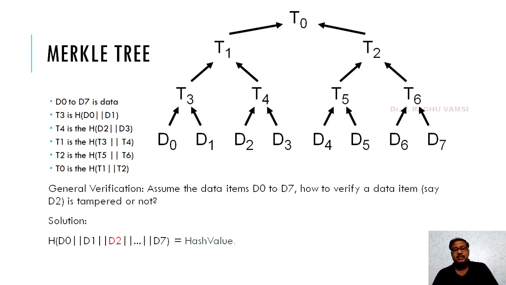The verifier should have the hashes or the values or the transactions that happen in that particular period. That means you are supposed to supply many transactions, because in a certain period, a large number of transactions may be generated. That is the reason the Merkle tree will reduce the effort of having all the data items for checking whether a single data item is tampered or not. That we'll see now.